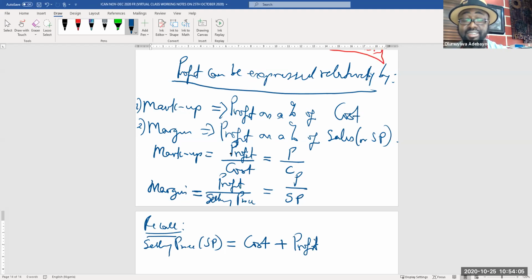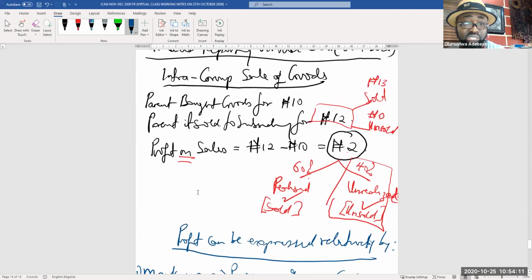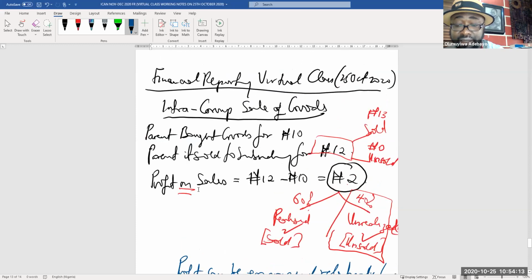These are things that are basic that we all understand. Now, let me quickly take you back to this expression I was making the other time. I said the first thing is intra-group transactions, and in this first leg, we are looking at intra-group sale of goods. If the parent bought goods for 10 naira and sold that item to the subsidiary for 12 naira, the parent is said to have made a profit on sales of 2 naira.